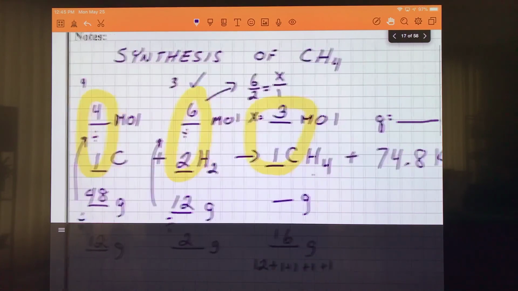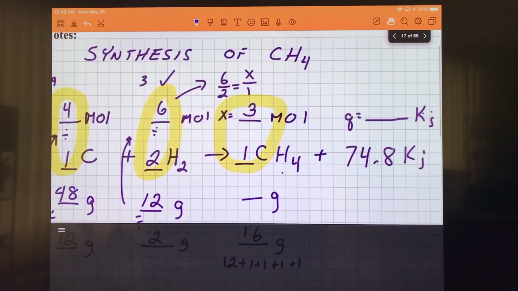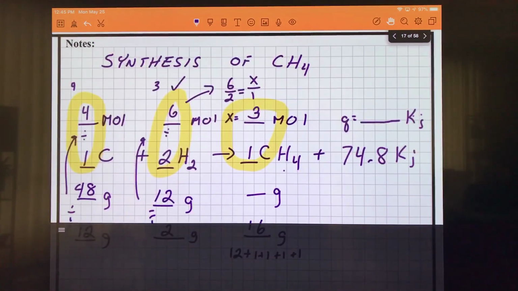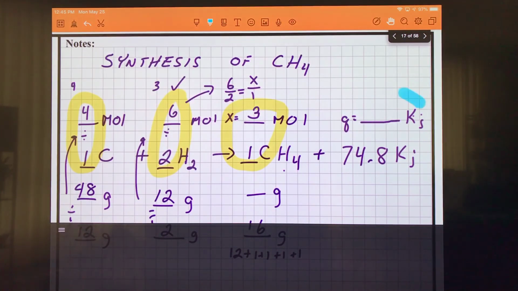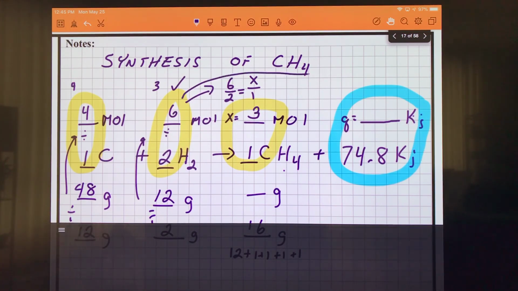All right, now for our last one over here, for the heat energy, I'm going to change colors just so that you can kind of see that. This one right here, we're just going to use our same limiting one there. This one right here, 6/2 equals, this time Q over 74.8. And just do the cross multiply and divide.